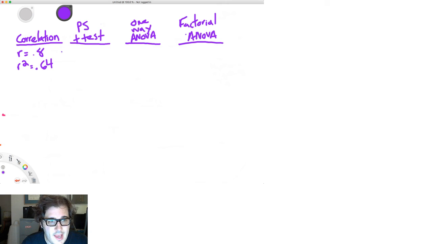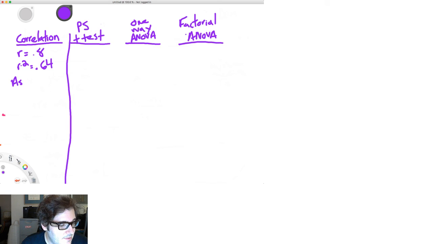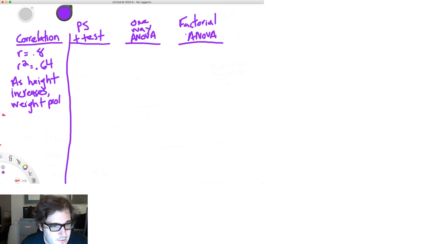So here you could say, as x, whatever x is, let's say it's height and weight, as height increases, weight probably increases also. As height increases, weight probably increases as well.